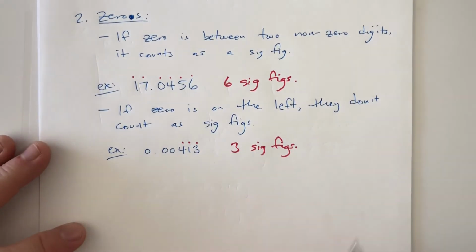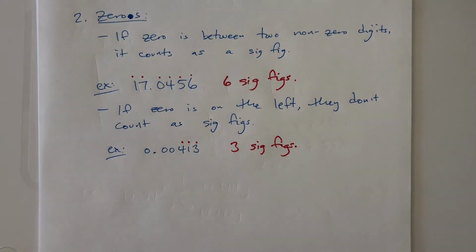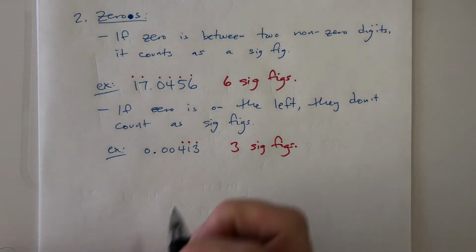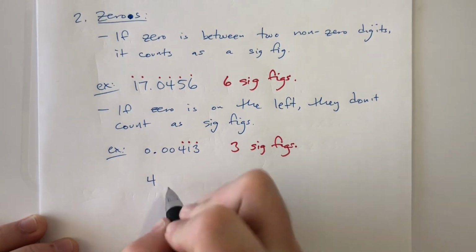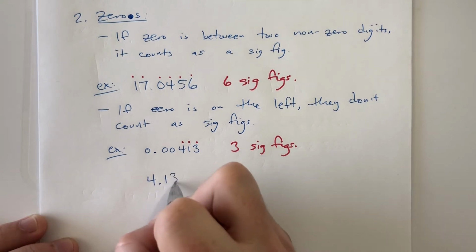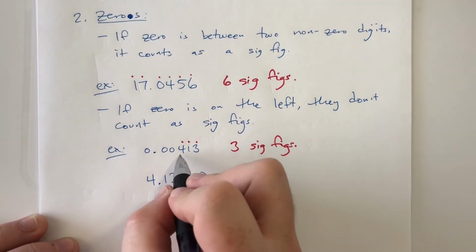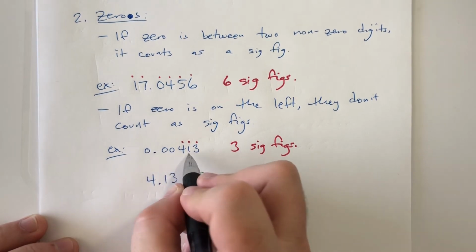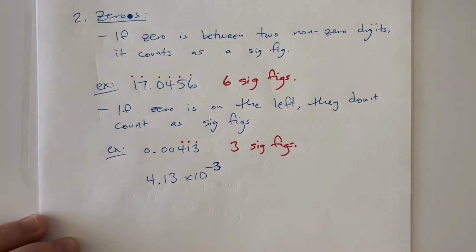One way to think through this is if you put it in scientific notation, which I'm running on the assumption you've heard of scientific notation and know how to do this. Essentially, you make sure this number is between 1 and 10, and then put a decimal and then the rest of the number. So it'd be 4.13 times 10 to the negative third.